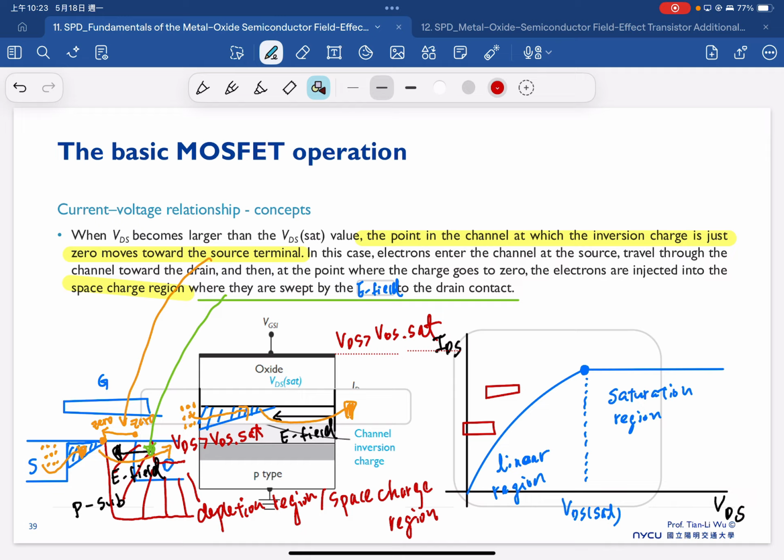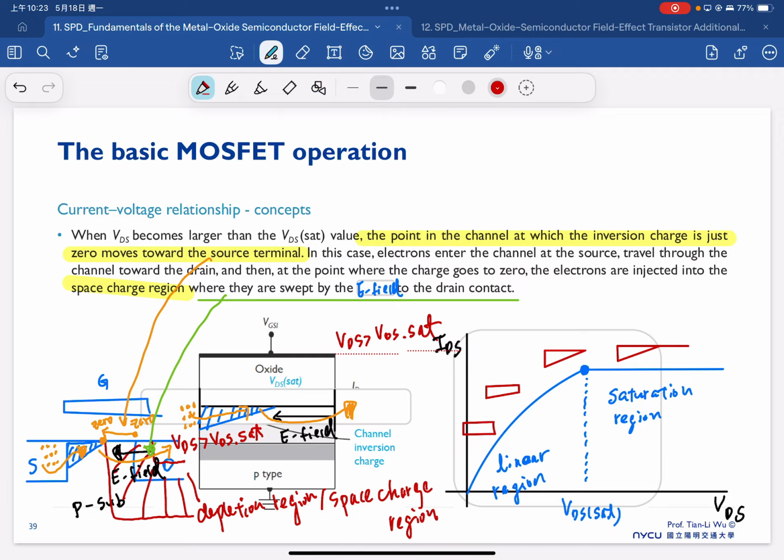At this moment it becomes exactly zero at the drain terminal, and beyond this point the zero point of the charge will move away from the drain terminal and close to the source side.